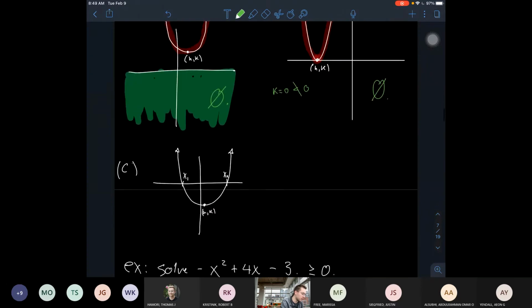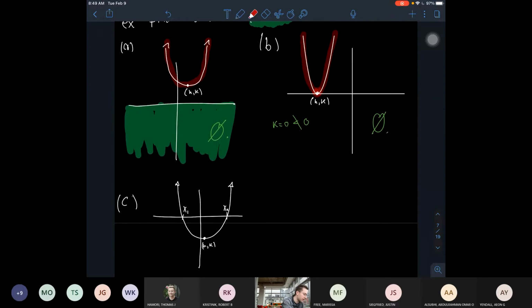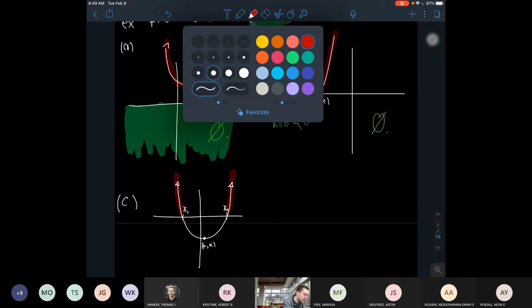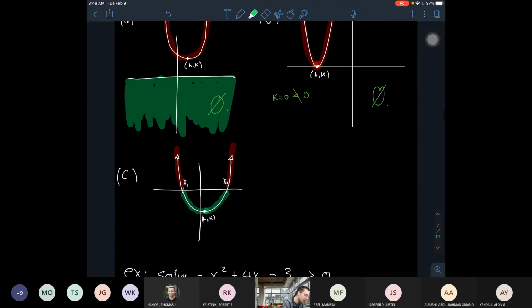But we can try this last one here where we have f of x less than 0. We're going to have a region where it actually does pass beneath. Okay, so this stuff is going to be bad. And the region we're interested in is the x values which produce y values beneath the x-axis. And strictly beneath.